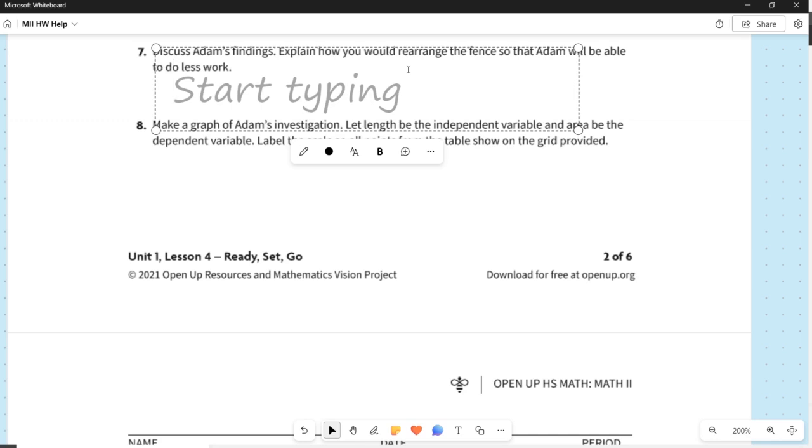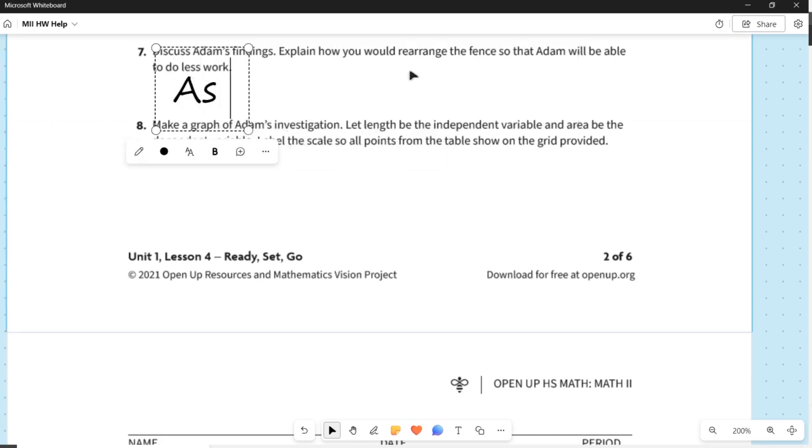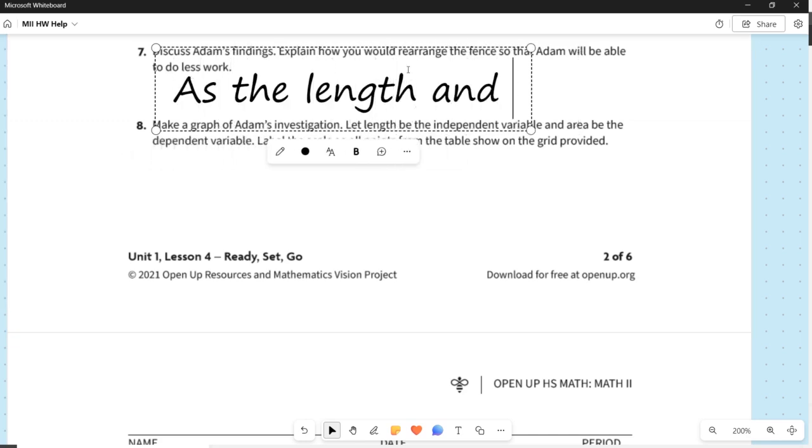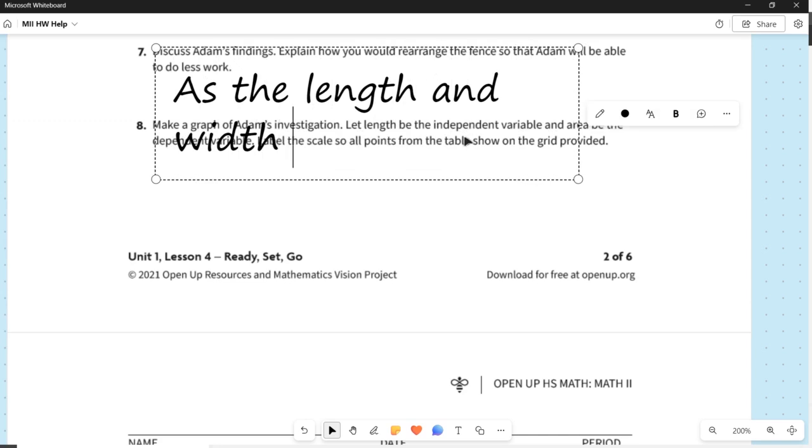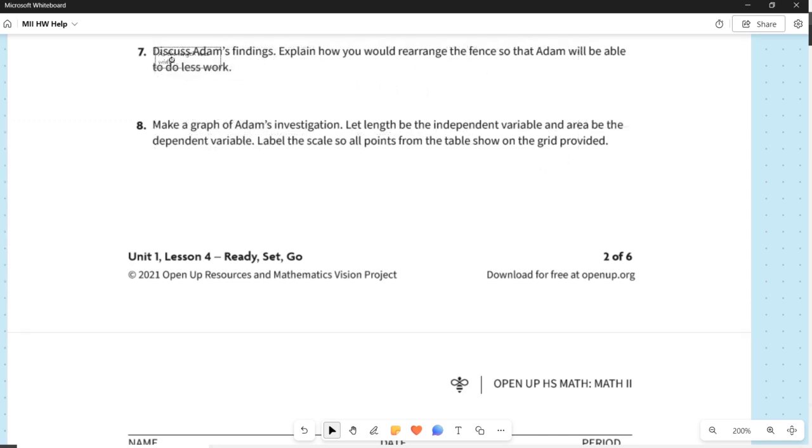The way that I would say this is, as the length and width go ahead and change my box size, bring this over and down.